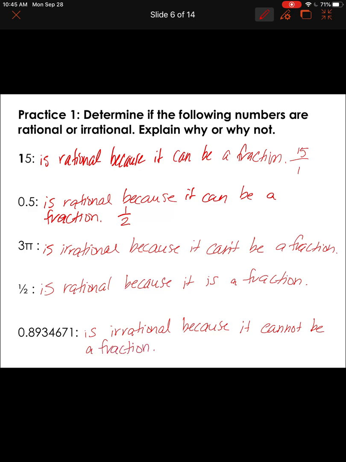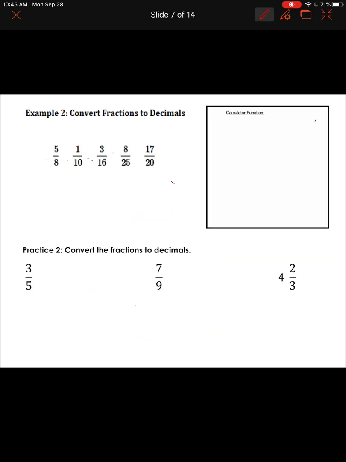Okay, so those are your answers. Just double check it with what you have. And then we're going to move on here.